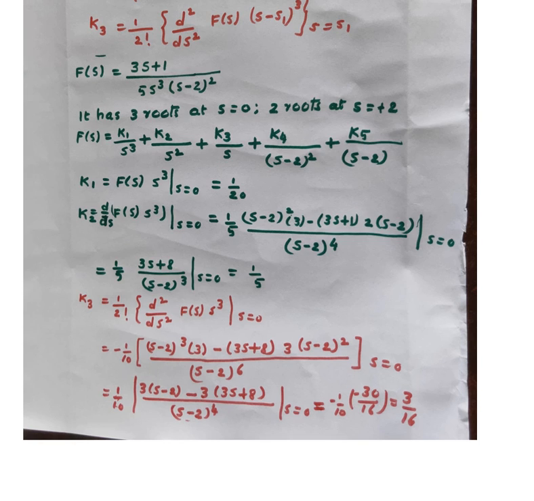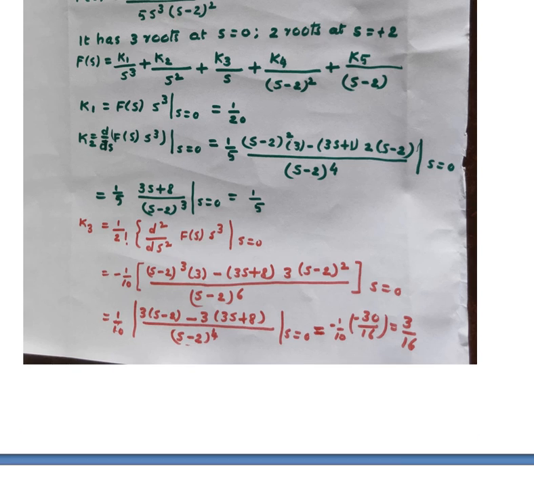Then simplify it, then put s is equal to 0. So we are differentiating again. Then once you differentiate it and substitute s is equal to 0, then we get minus 1 by 10 into minus 30 divided by 16, that is 3 by 16.